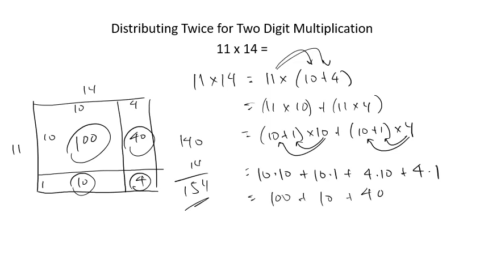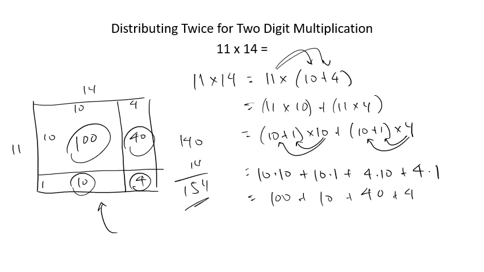And we are right up against the edge of the algorithm. So we're going to come back to this model when we look at the standard algorithm for multiplication. But it's important to see that this really comes from the distributive property. The standard algorithm for multiplication is a generalization and an application of this distributive property.